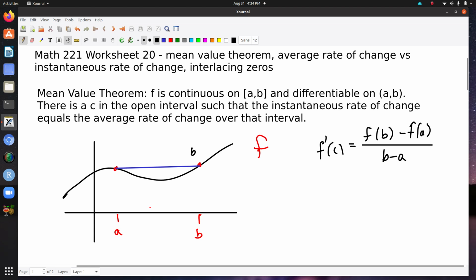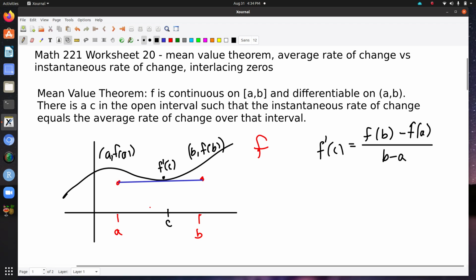So here we have b, f of b, here we have a, f of a, and whatever this slope is, we're thinking, gee, this is going to match right about there. Then this is going to be c, and it's going to have a derivative that is actually kind of close to 0, maybe slightly positive. But that's what that means.